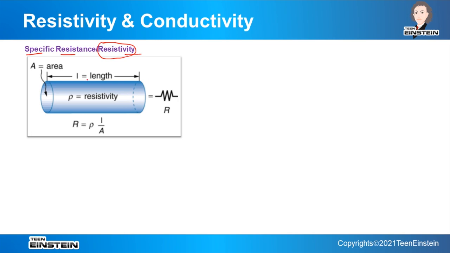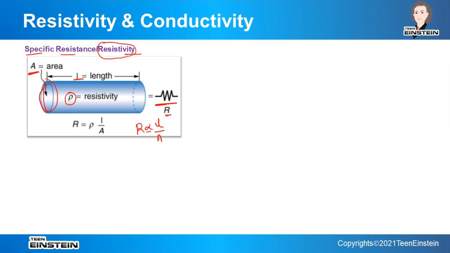So in this object, this is L, which is length, and this is the area, which is A. Now resistivity is denoted as rho. It is like P, but it is not P, it is rho. And resistance is mostly denoted by this sign. This type of sign means there is resistance. We have already seen in the previous slide that resistance is directly proportional to L and inversely proportional to area.